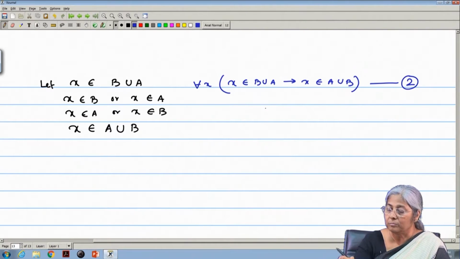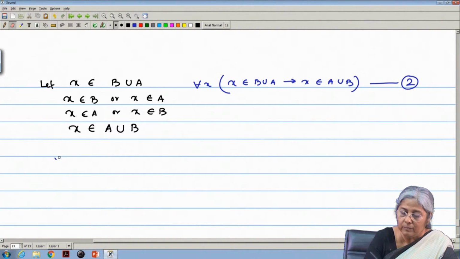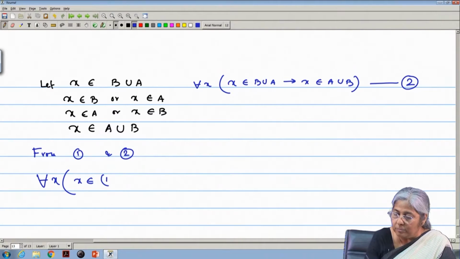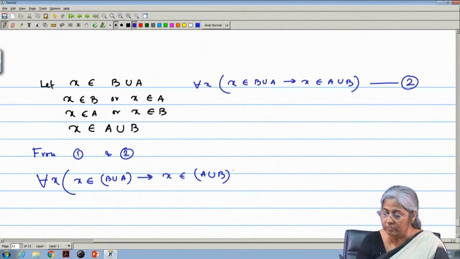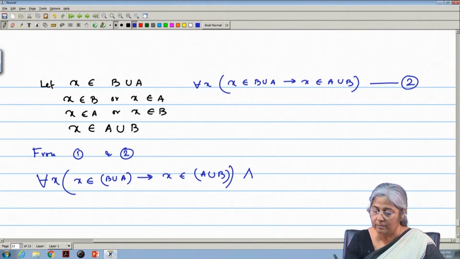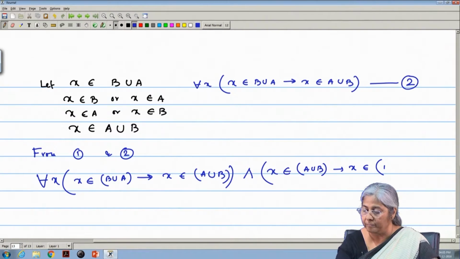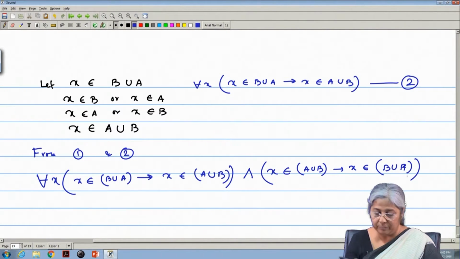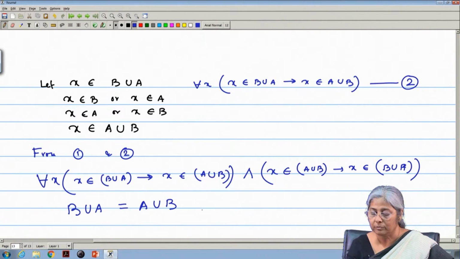So, for all x we have shown the first one, and from 1 and 2, for all x, x belongs to B union A implies x belongs to A union B, and x belongs to A union B implies x belongs to B union A. So, I can tell that B union A equals A union B. Similarly, I can prove the intersection also.